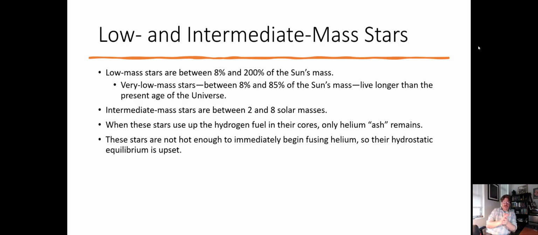I should point out also that these low mass stars, these M dwarfs, like I said, have been around for a very, very long time, and the first ones we believe were created fairly shortly, on astronomical timescales, after the Big Bang.